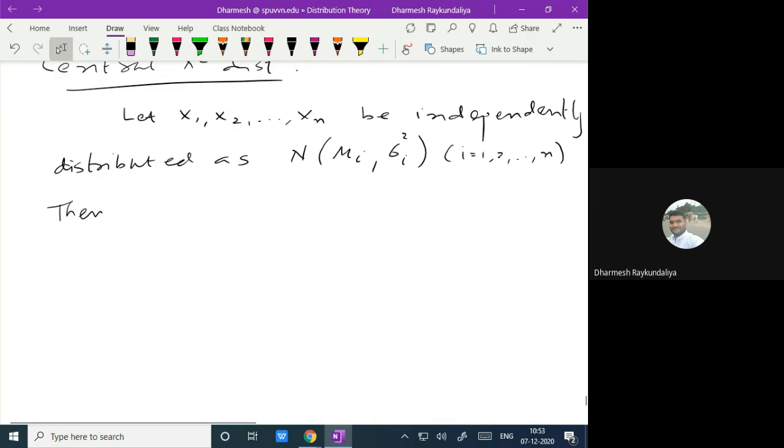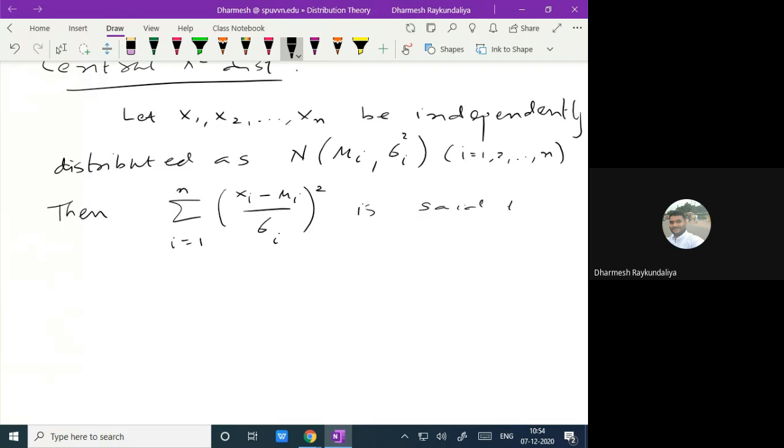Then, if we find the distribution of the sum of standard normal variates squared, summation i running from 1 to n of ((Xi minus mu_i) upon sigma_i) whole squared, it is said to have the chi-square distribution.